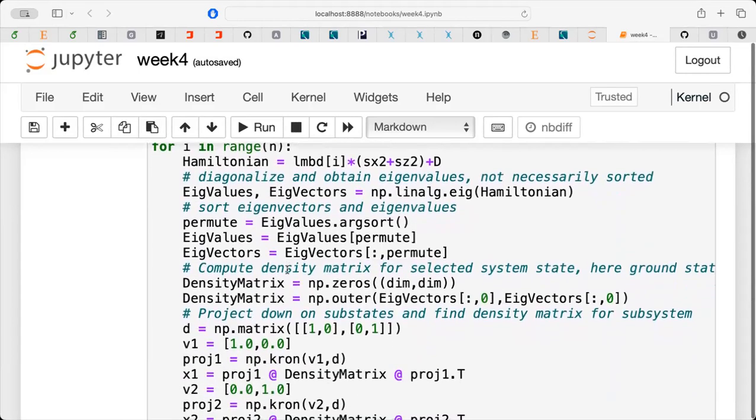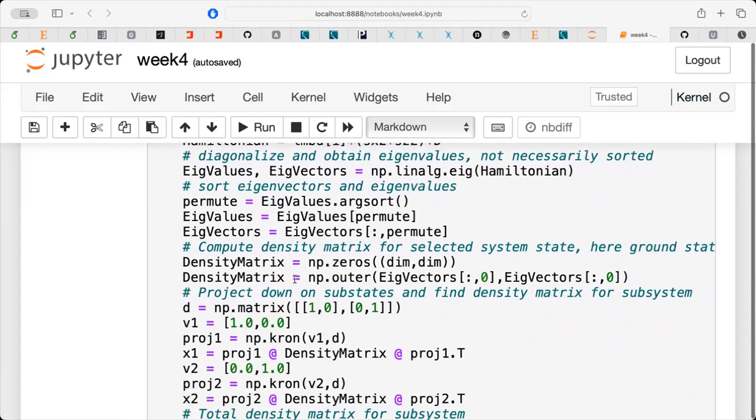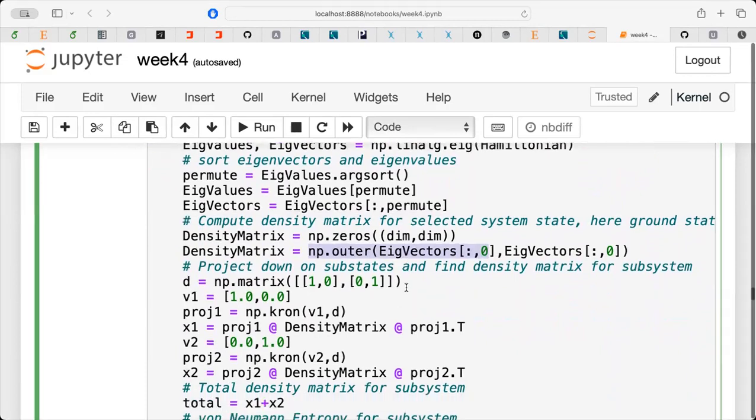I sort the eigenvalues. I set up the full density matrix, which is then just given by the outer product of the different eigenvectors. And now I'm just looking at the lowest lying one. And you see that this is given by 0, 0 here. And these are the eigenvector for the lowest lying state.